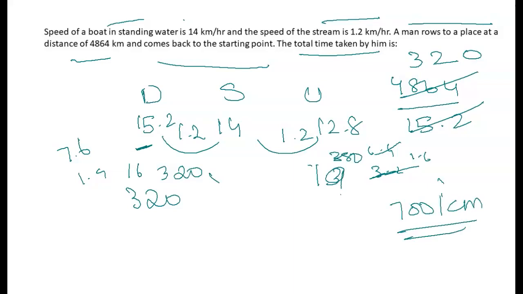Okay, next question. I think it is clear. See, 15.2 and 12.8. 4,864 divided by 15.2 is nothing but 320 hours.